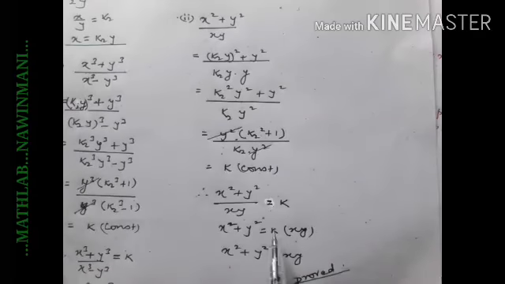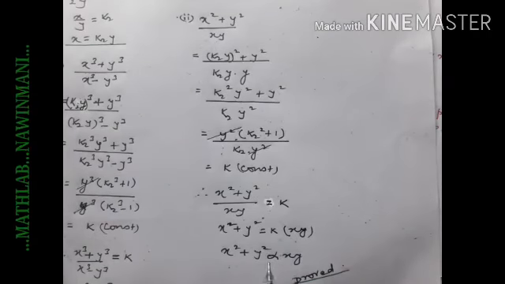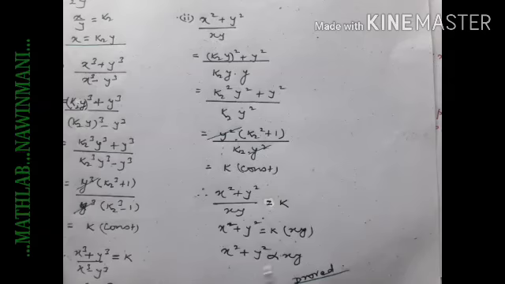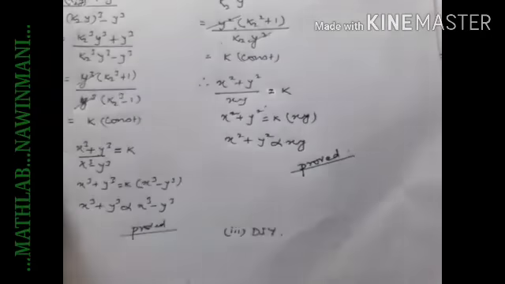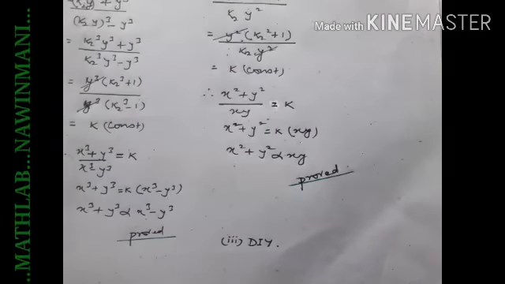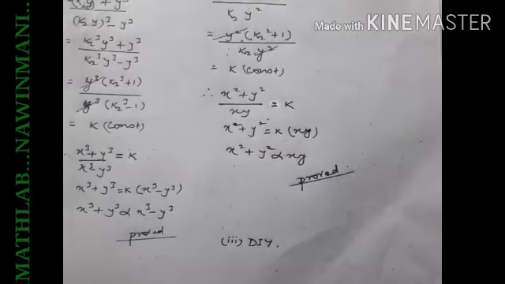Then you cross multiply, you get this. Then if you remove this constant, the is equal to will be converted into variation. So this is proved. And the third one is for your DIY. So please study the problems very carefully.